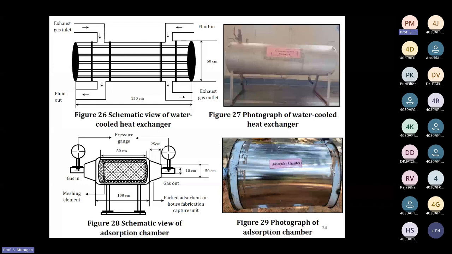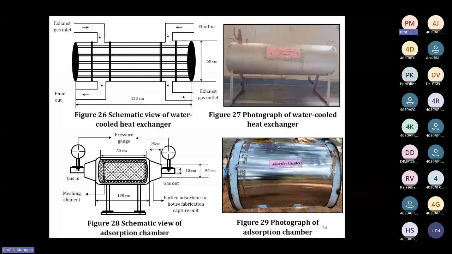So here this picture shows the schematic diagram of the water cooled heat exchanger. On the right hand side it shows the photograph. Same like that, at the bottom you can see the schematic diagram of the absorption chamber, and on the right hand side the photograph of the absorption chamber is shown.